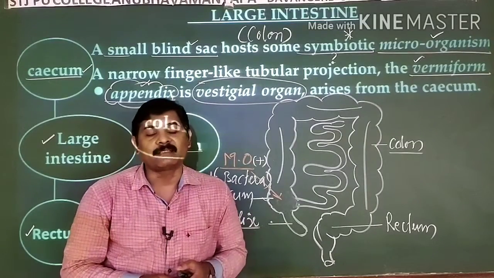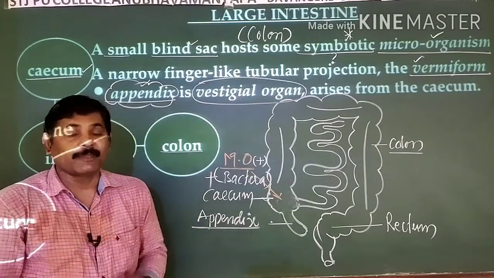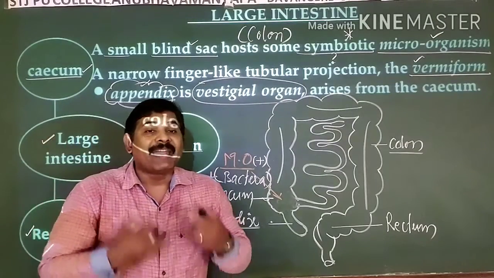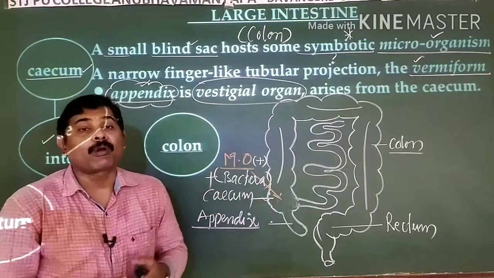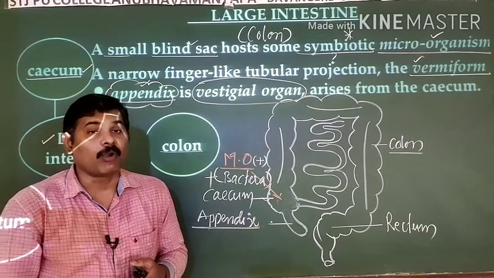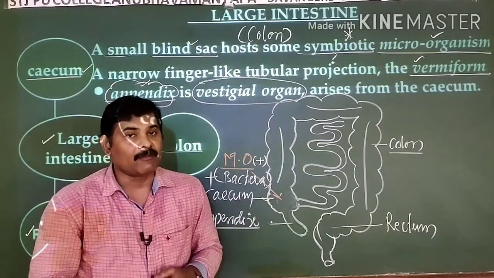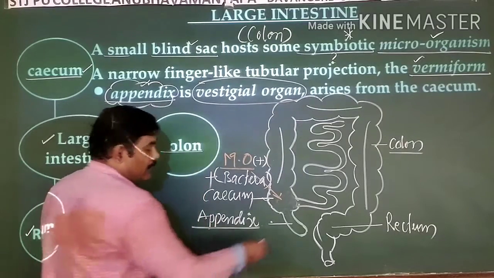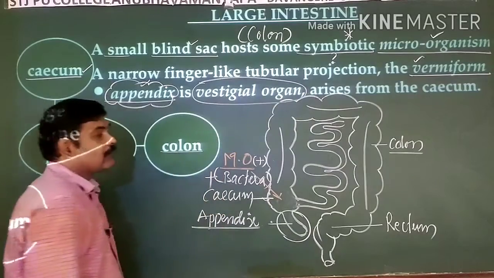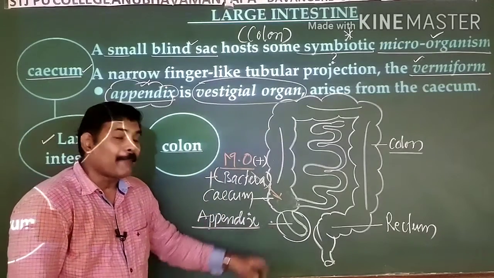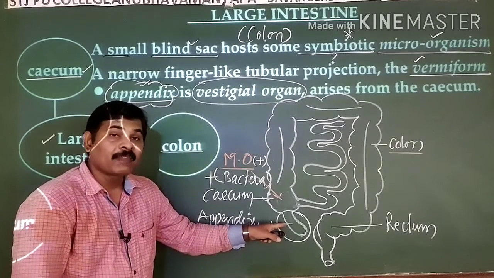Human beings are nothing but a museum of vestigial organs, because in our body almost 100 vestigial organs are present. There are certain organs which don't have any function within our body. In some cases, as I said, this may undergo infection, so that you get a health issue known as appendicitis. Appendicitis may occur when it gets infected.